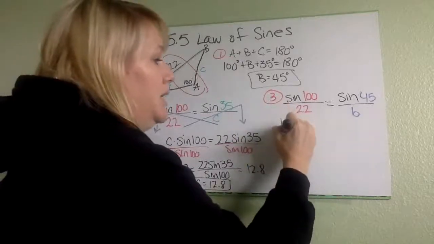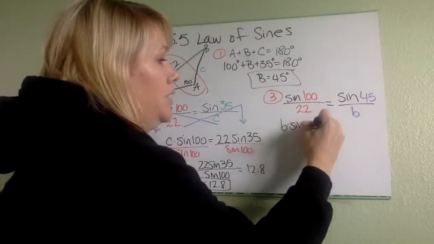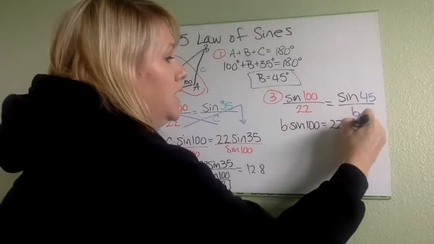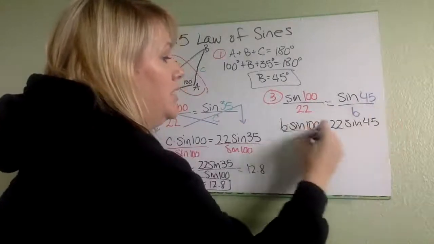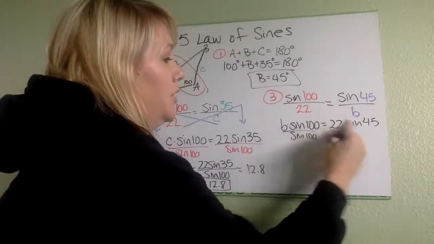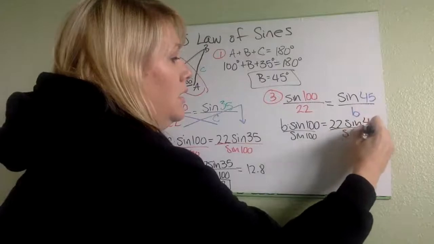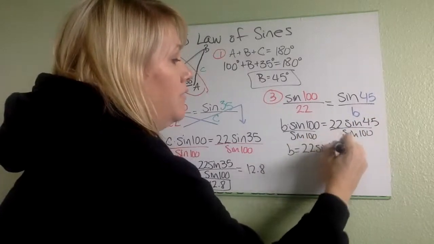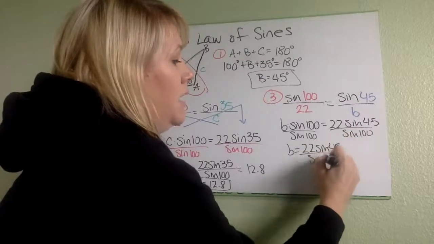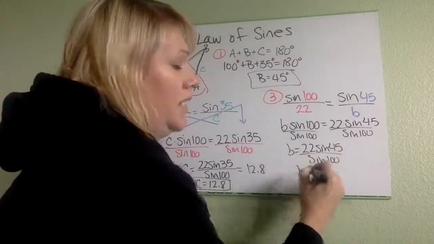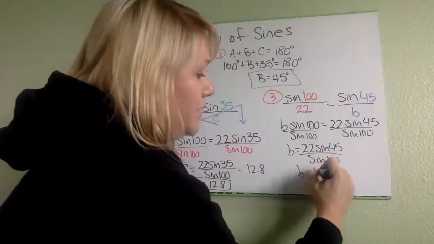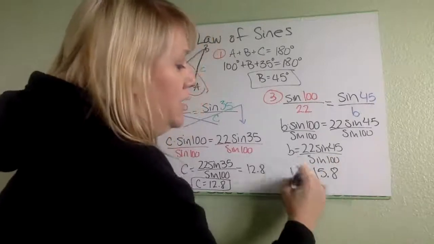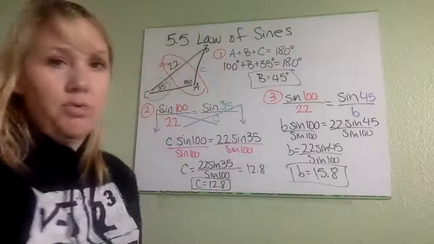You would end up with B times the sine of 100 equal to 22 times the sine of 45, and then dividing by that sine of 100. You get the ratio 22 times the sine of 45 divided by the sine of 100. And then again, rounding to the 10th place, just one, you get the side B is 15.8.